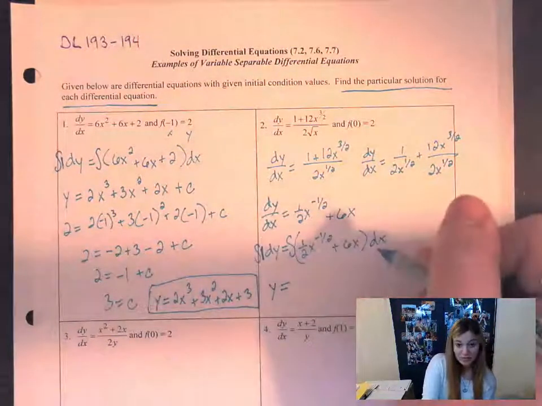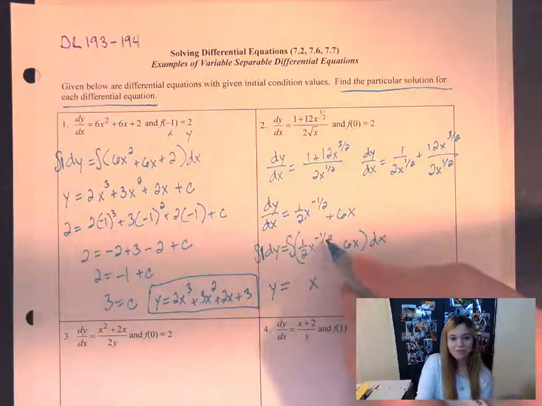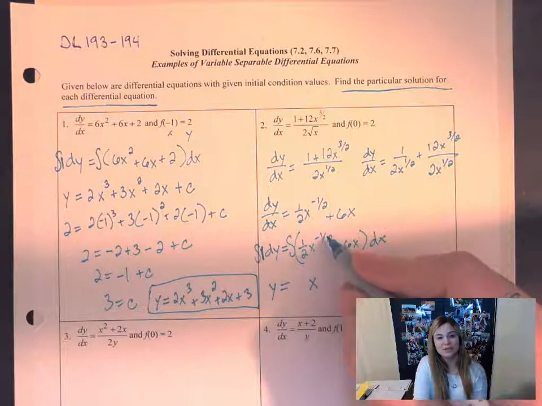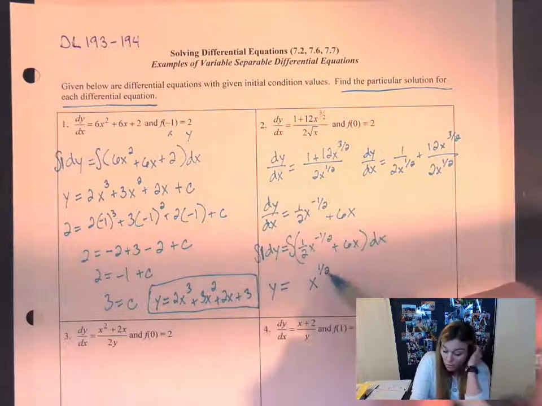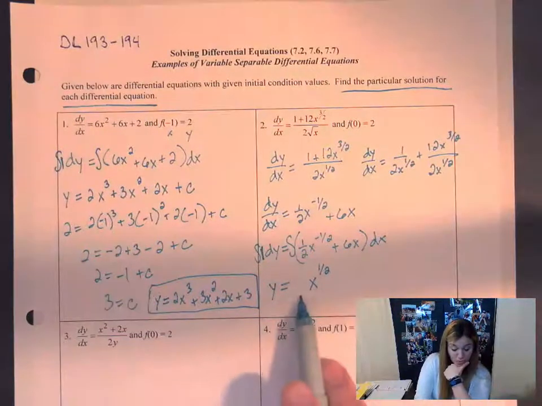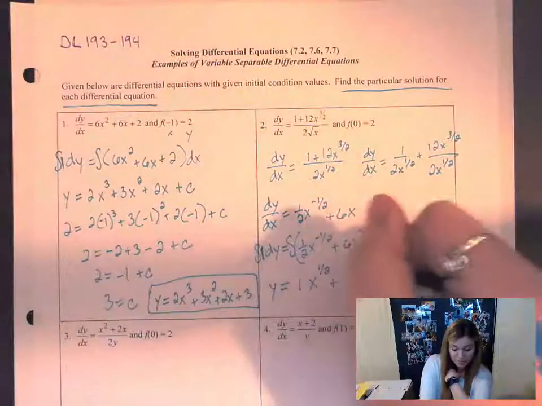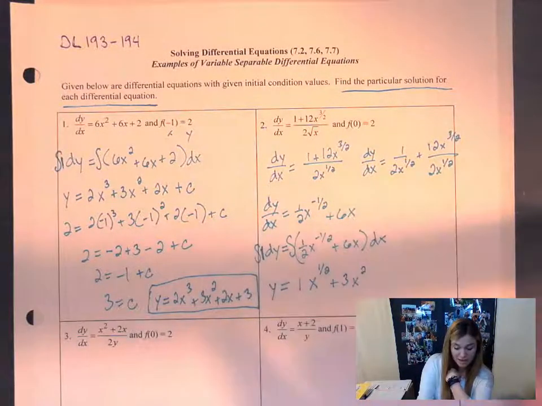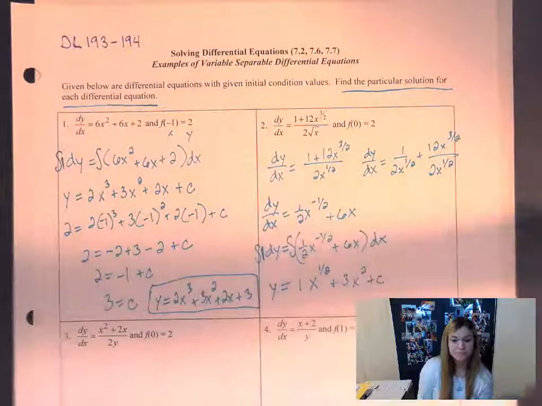I'm going to add the c on this side, so I don't need to do it on both. This would be x to the negative 1/2 plus 1. Negative 1/2 plus 2 over 2 is the same thing as positive 1/2. 1/2 divided by 1/2 is the same thing as 1/2 times 2, which would just be 1 out here. You can write 1 or just leave it like that. Add 1 to the exponent, divide by my new exponent, and then don't forget about plus c.